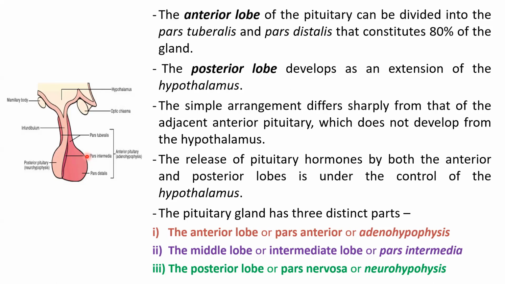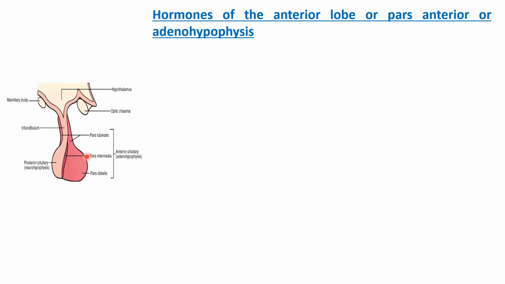So these three regions, the adenohypophysis, pars intermedia, and neurohypophysis, are present in the anterior side, middle side, and posterior side. So the pituitary gland is divided into these three distinct parts. So this is about the pituitary gland.